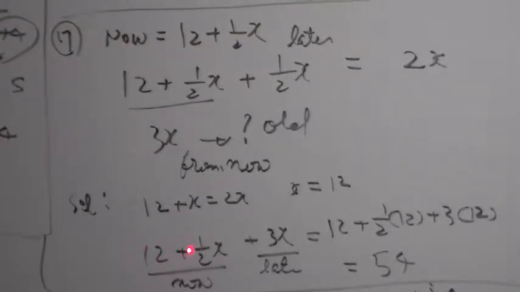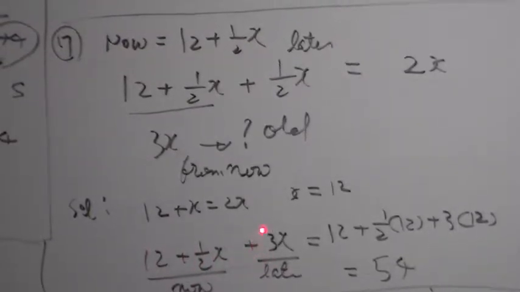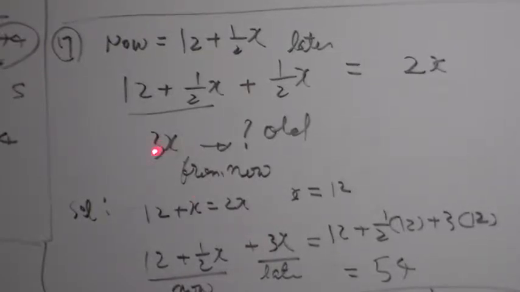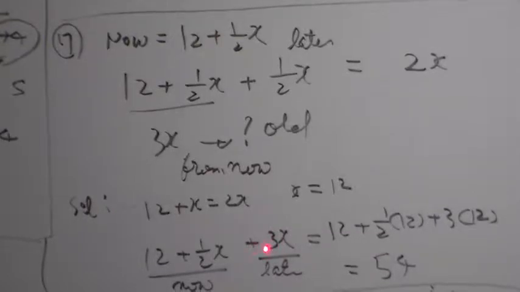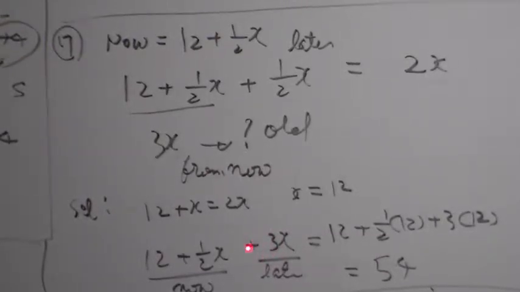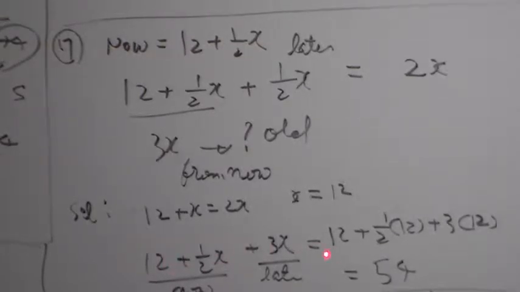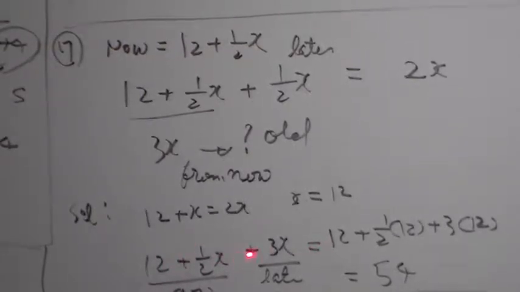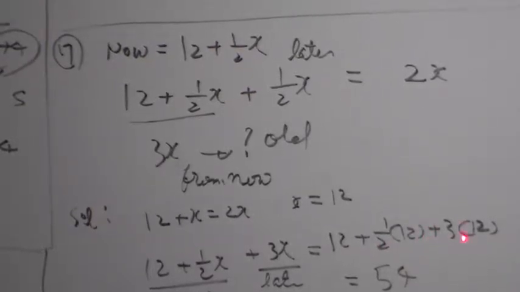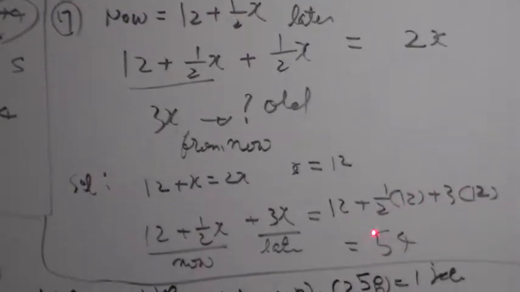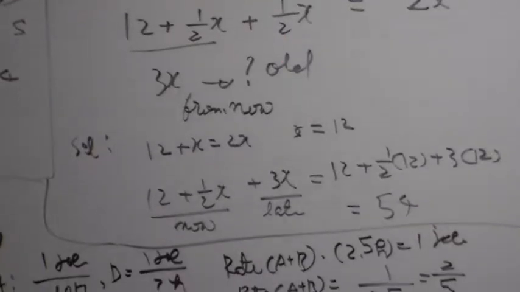So 12 plus half x now plus 3x years later. So 3x later you have to add, right? So x is 12 right there, and we plug in. 12 plus half times 12 plus 3 times 12 is 54 years old.